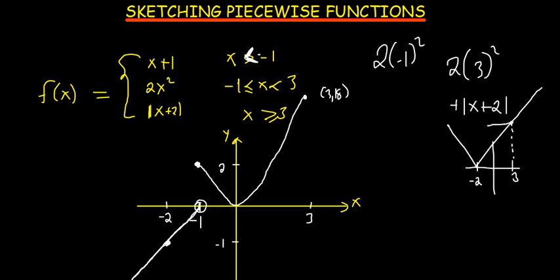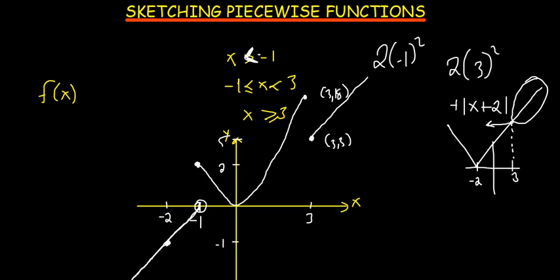So what would be the y value at that point? Put here 3 plus 2. That is going to give us 5. Say 5 is somewhere here. So it's going to be here, which is 3 comma 5. And then just continue the line going up, because that's how it's supposed to move. You can see how it is in this region. So that is how you can sketch this function.